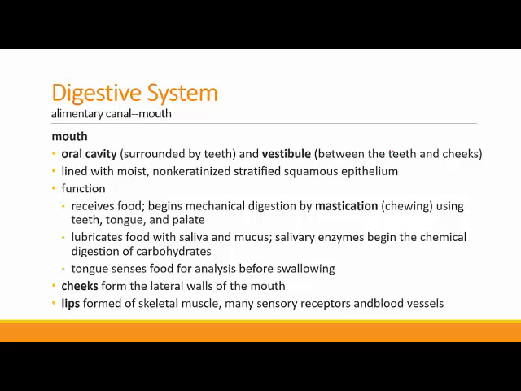The function of the mouth is to receive the food and start the processes of mechanical digestion as we masticate the food. That's chewing and macerating the food into small bits. And that requires the use of the teeth, of course, but also the tongue and the roof of the mouth, the palate, as we move the food around so that we can get to the still unmasticated chunks and get it really small.